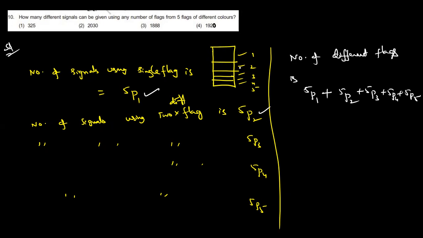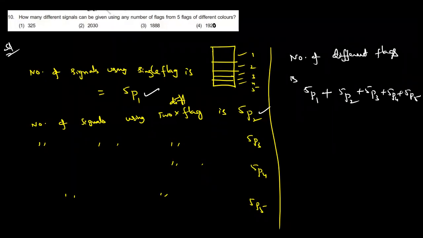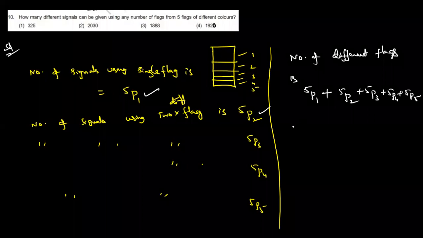I can use only one color or two colors or three colors like that. That is the meaning. Okay, students, what is 5P2? I can choose two different colors, three different colors. That is the meaning.